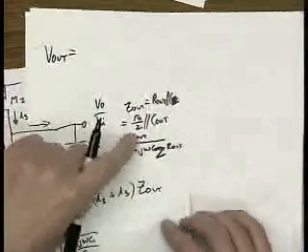So V out equals, so Z out is here, R out over this pole.